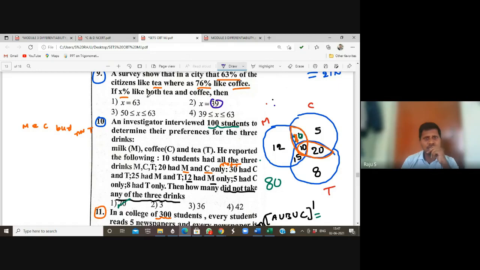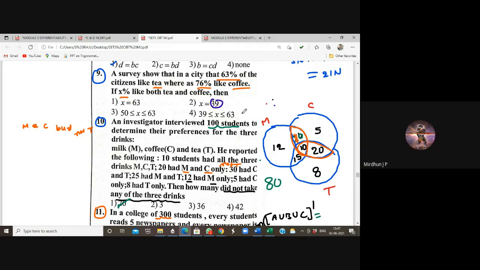Fourth option only, sir. For 39, we should find 100 minus 37 plus 24, sir. It will come 100 minus 61 equal to 39%, sir. That is the least one, sir. For the greater one, we have another option, fourth option only, sir. So that is the answer.